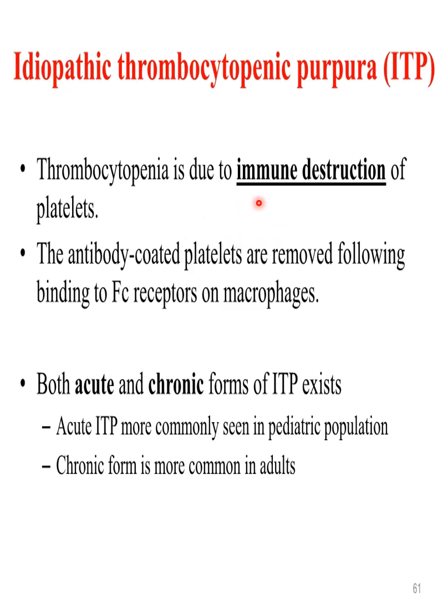The better name of idiopathic thrombocytopenic purpura would be immune mediated thrombocytopenic purpura, because the basic pathology of ITP is antibody gets coated on the platelets, and as a result they are removed by the macrophages in the spleen, and that results in lower platelet count. ITP is acute, and if it goes on for more than 6 months, we call it chronic ITP.